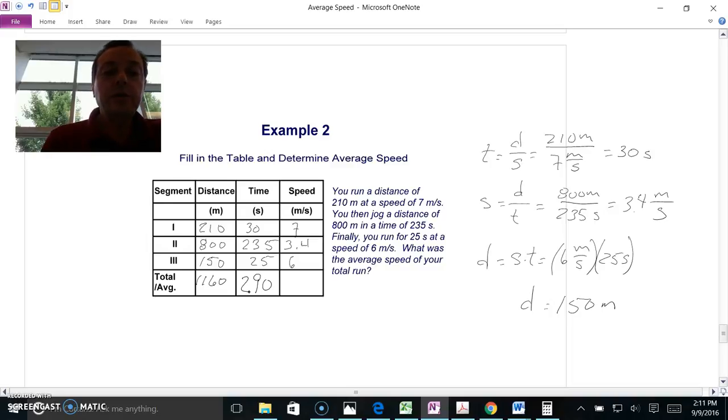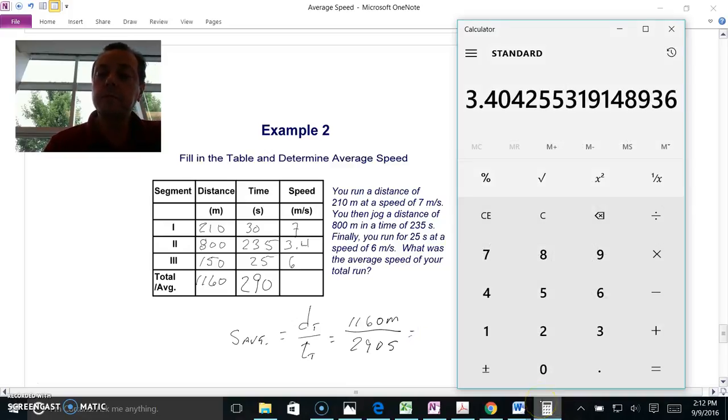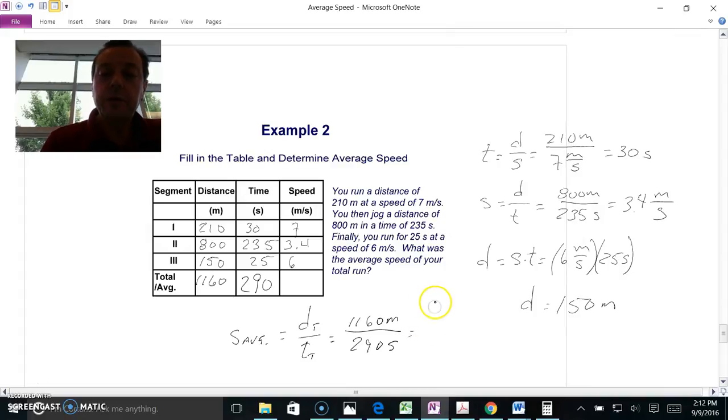And if I want the average speed, that's equal to total distance over total time, 1160 meters over 290 seconds, which turns out to be 4 meters per second.